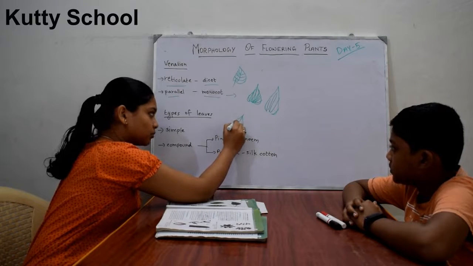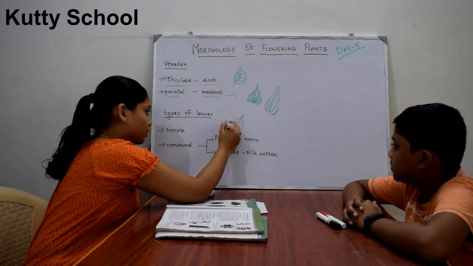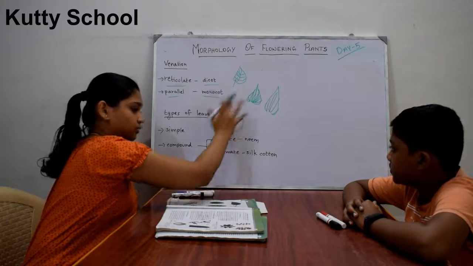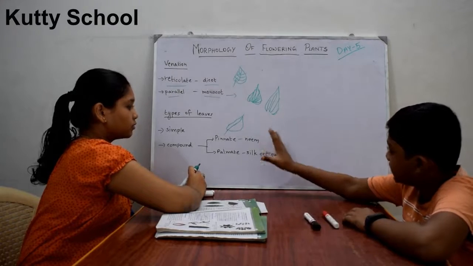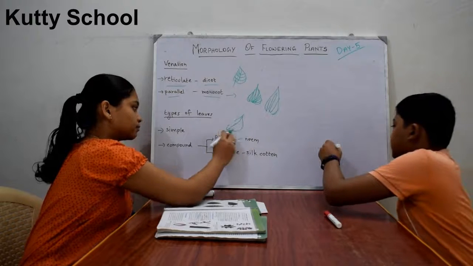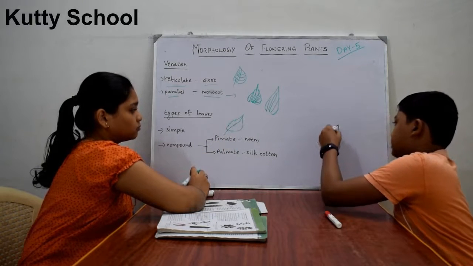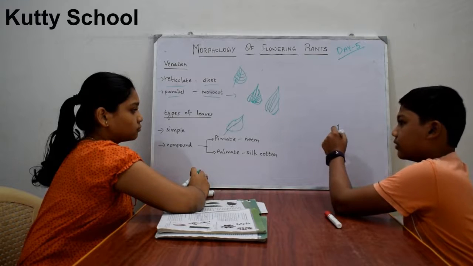If it reaches the midrib, it is not simple, it is compound. So it should not reach the midrib, and it should be like this. This is a simple leaf. If the incision comes and touches here, it's compound.